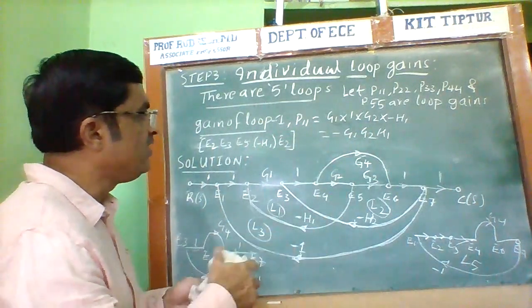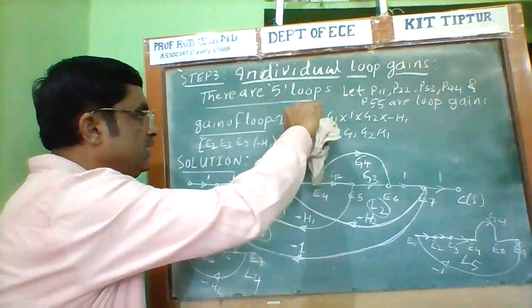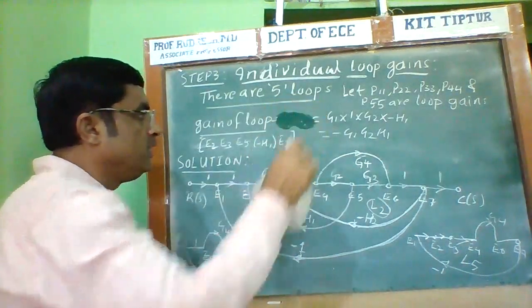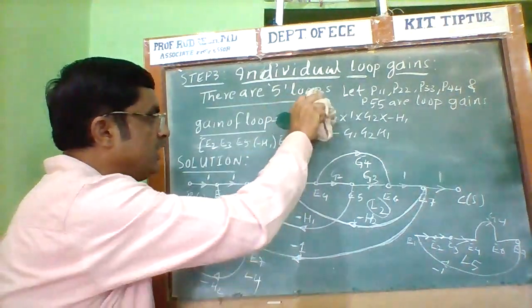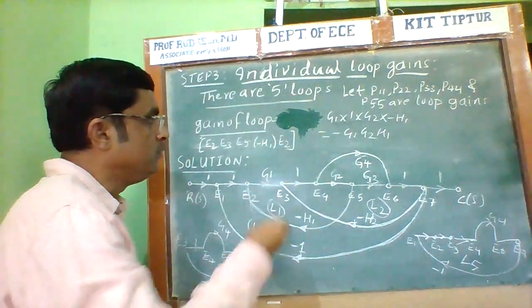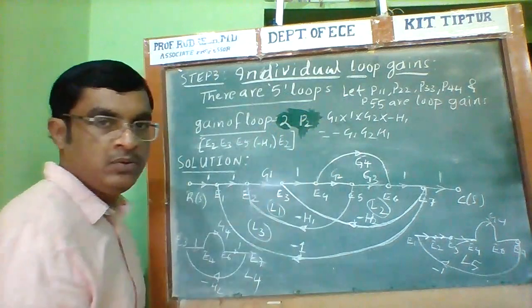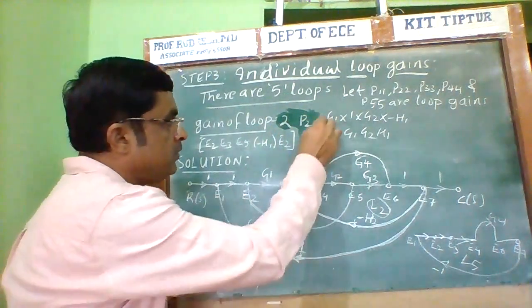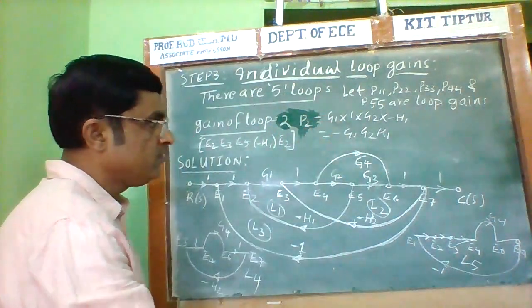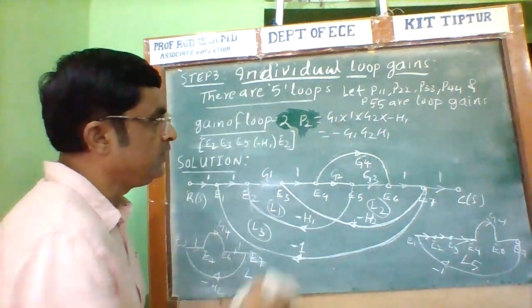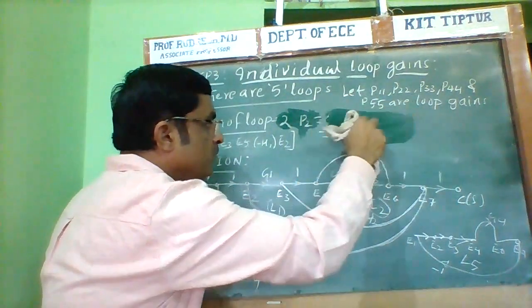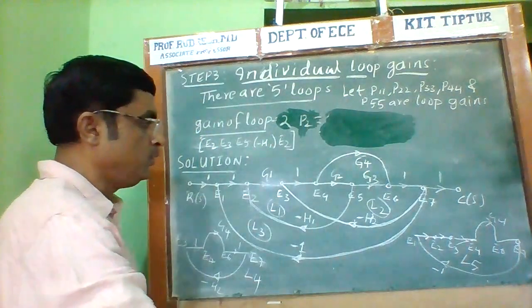Similarly, the gain of loop 2 is indicated by P22. The gain of loop 2 is equal to the product of the branch transmittances of loop 2.